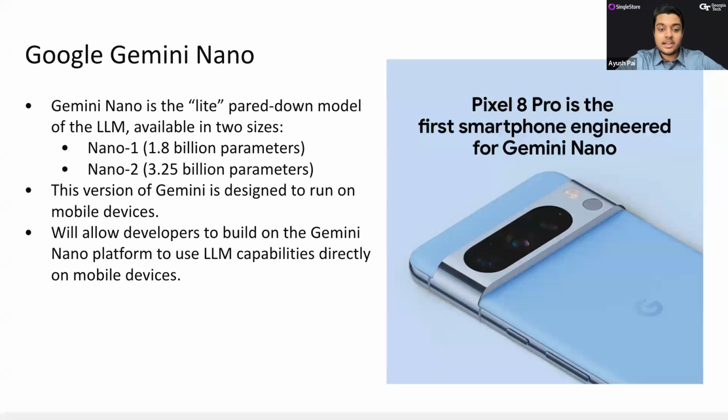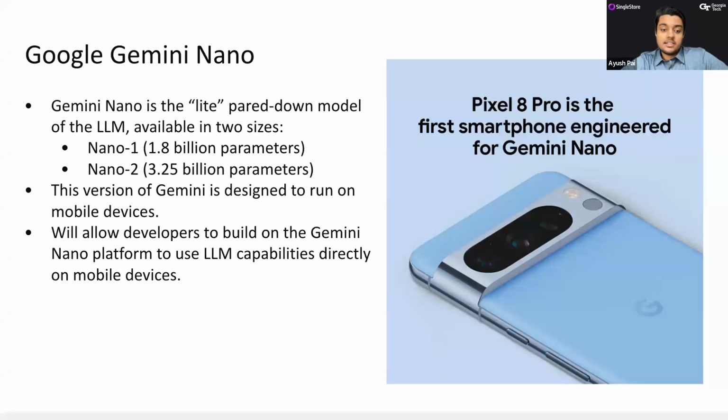So Google Gemini Nano is really a testament to Google's commitment to making AI accessible and portable. It's meticulously engineered to integrate with mobile devices, fundamentally transforming them into AI powerhouses. And this paves the way for innovation in a bunch of applications where developers can leverage LLMs directly on smartphones.